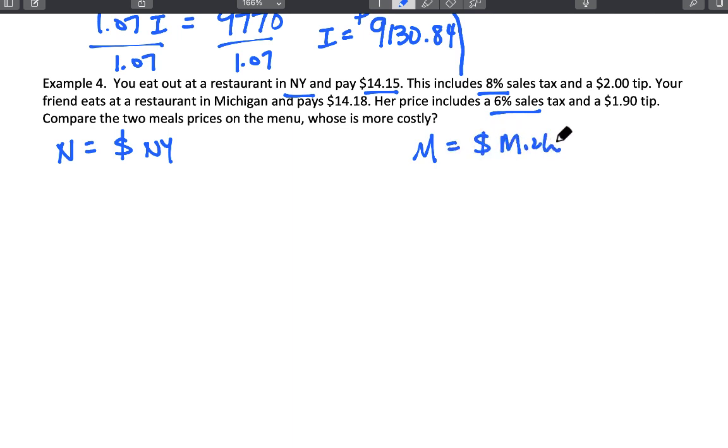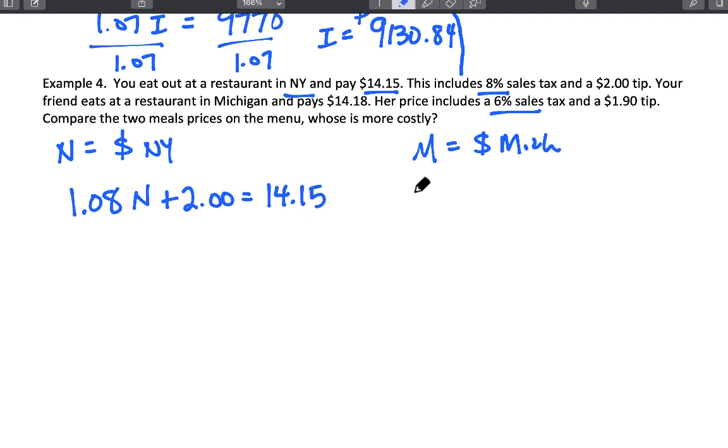All right, we have 8% sales tax on that meal price in New York, plus additional $2 tip, comes out to be a total of $14.15. That was the New York price.